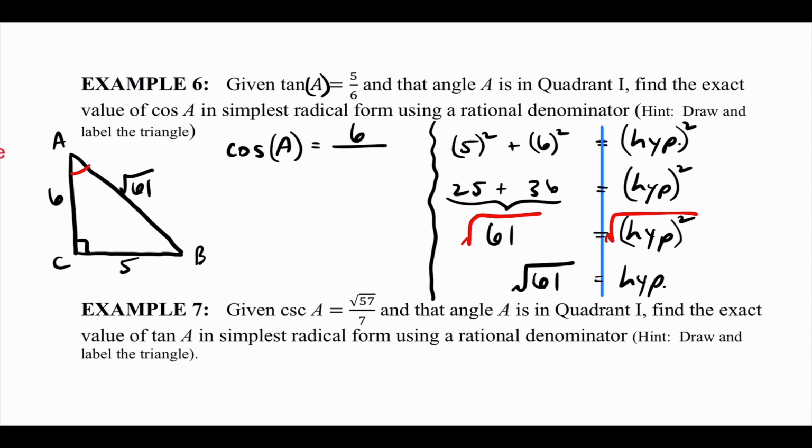Now I can finish the problem. Am I done with the problem? No. I have the fraction. That part's done. But now I have to rationalize it. I have to fix it so that the square root's not on the bottom anymore. I'm going to multiply by the part that's causing the issue, which is the square root.